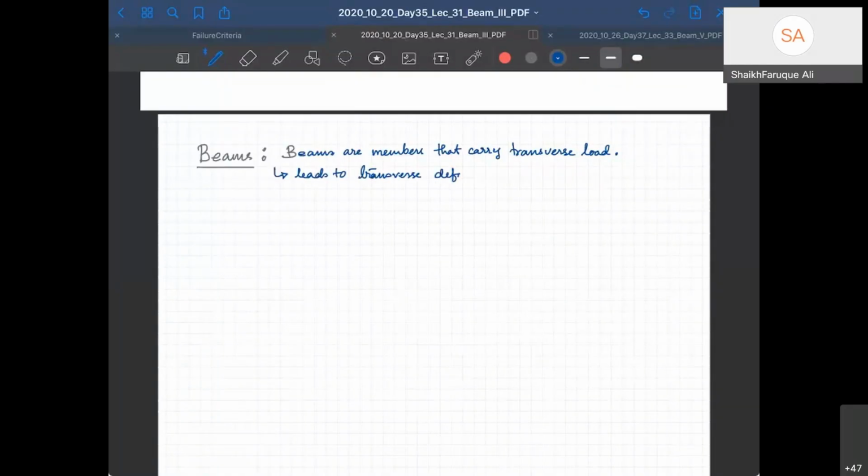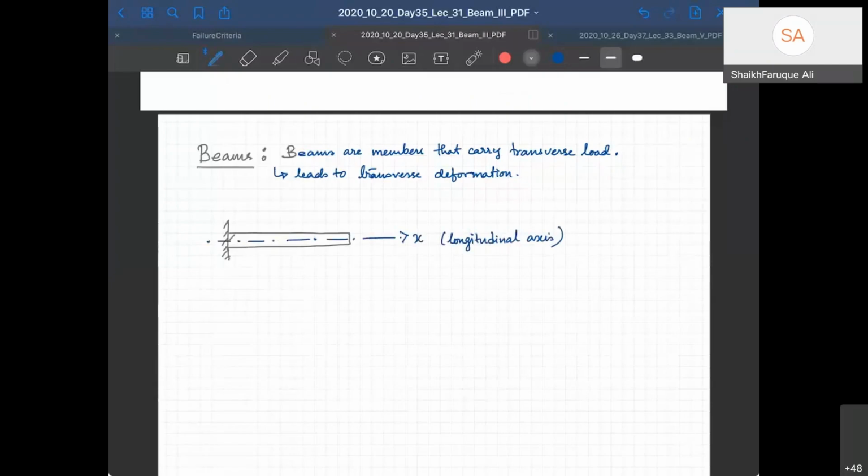Okay, when I say transverse, what do I mean by transverse deformation? So let's say this is my beam structure. Okay, this is called the axis of the beam. Let's say this is X. It is called the longitudinal axis. Anything that is perpendicular to this is transverse.